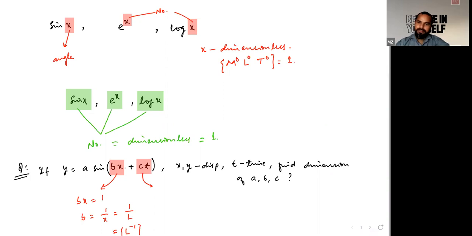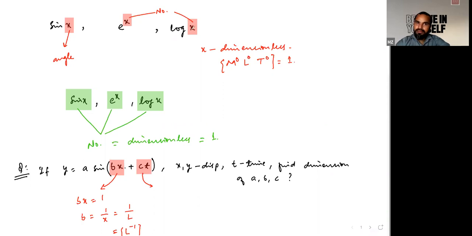Okay, Shan, just 1 minute. We have just discussed that whether it is a trigonometric function, then x would represent just an angle. Similarly, for the exponential function, x would represent a number, and similarly for the logarithmic function as well.